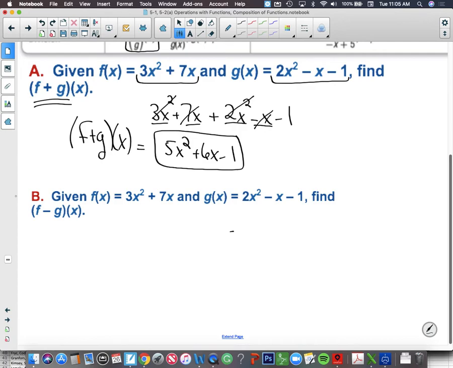So we have the same functions from the first one, except now we're subtracting. Okay, this makes a little bit more of a difference with that negative here. So I'm going to show you how you should write it out. So I want to take this function minus this function. Okay, so I got 3x squared plus 7x, and I want to subtract this whole function.